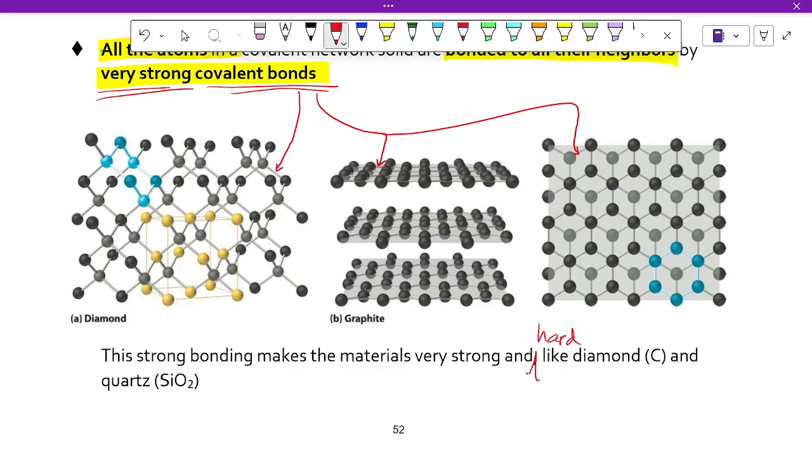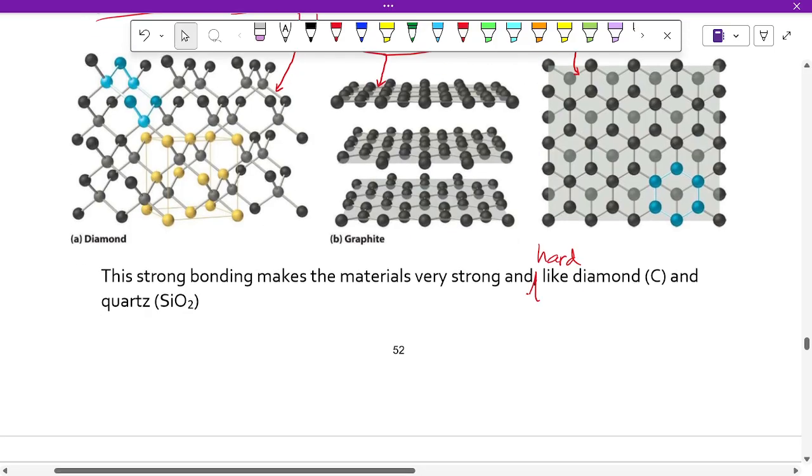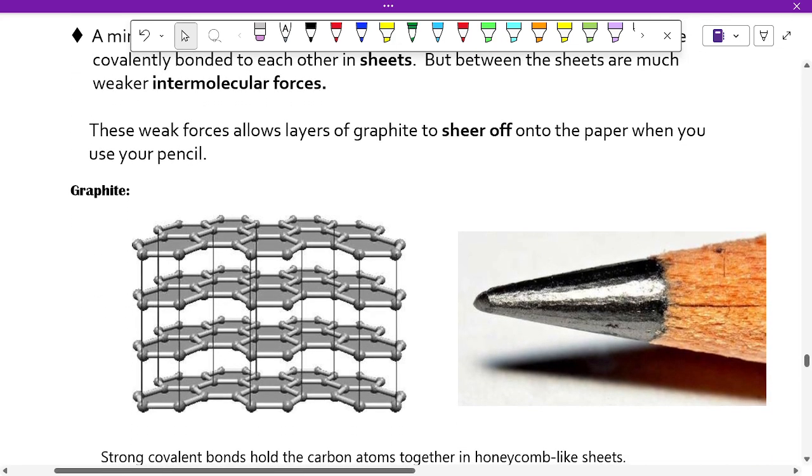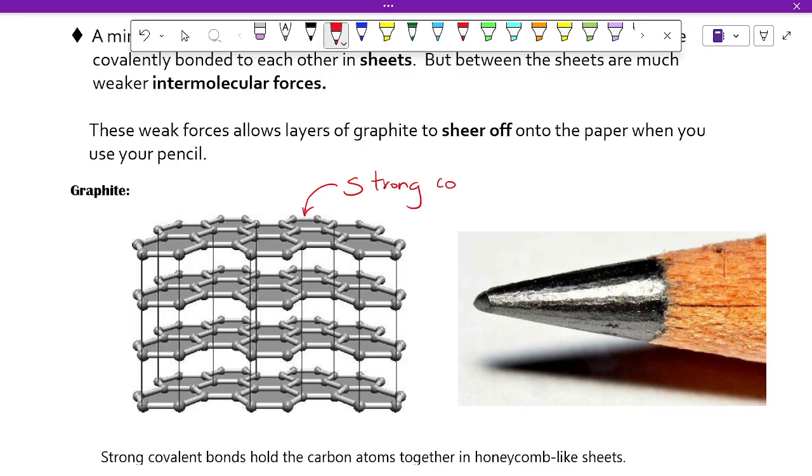Like diamond and quartz, which is silicon dioxide. And then this just talks about the graphite that we already talked about. This just shows it because here we have our strong covalent bonds within the layer. And we have weak IMFs between the layers.